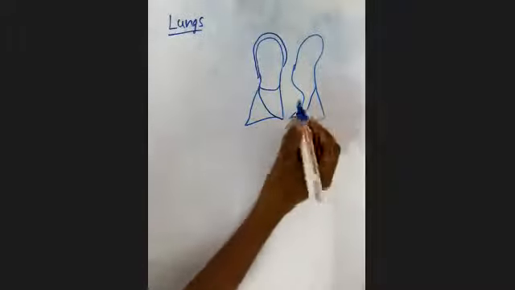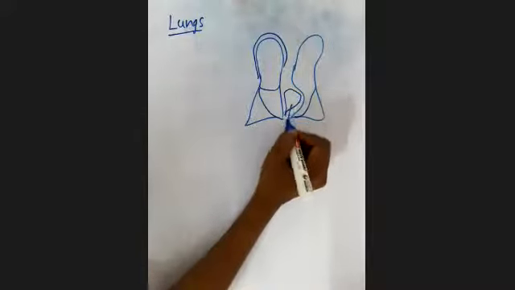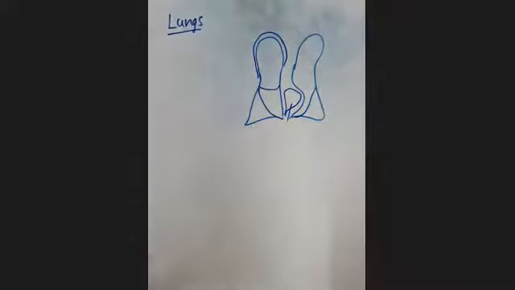Mainly a pair of lungs will be present in the thoracic cavity. They are separated from each other by the heart. If you see these two lungs, exactly in the middle you have the heart. The two lungs are separated by the heart.